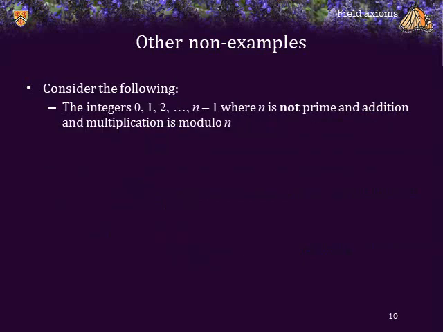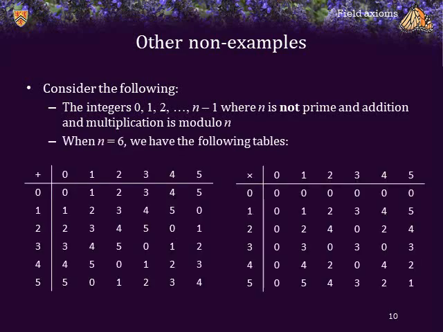Previously, we considered the integers modulo p, where p was a prime number. What happens if we consider an n that is not prime and perform the same operations? For example, when n is equal to 6, we have the following two tables. It looks like for addition everything is okay. Every number has an additive inverse. But looking at multiplication, notice that, for example, there's no number which multiplied by 4 gives a value of 1.